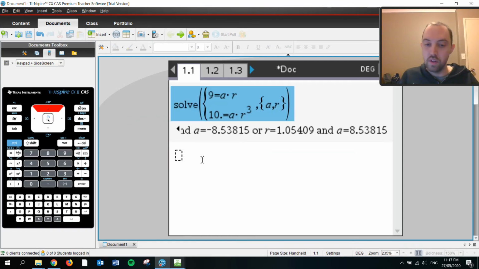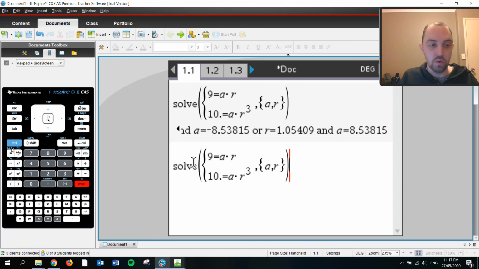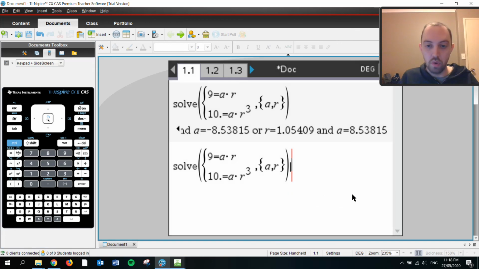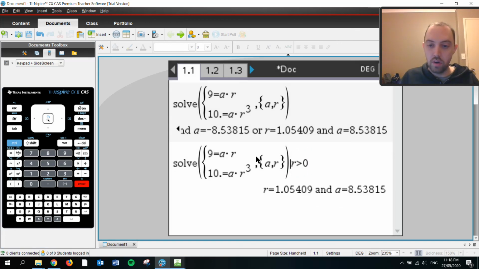If you didn't want this solution, you can actually use this for button in the blue part of your equal sign for R is greater than 0. It would only give you the one solution. It doesn't happen much in Year 12 apps, but it could be a useful thing to know.